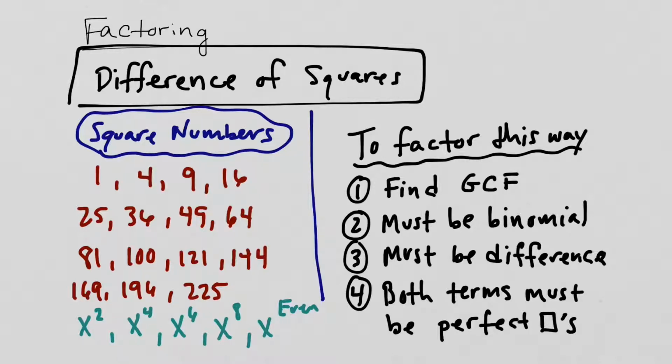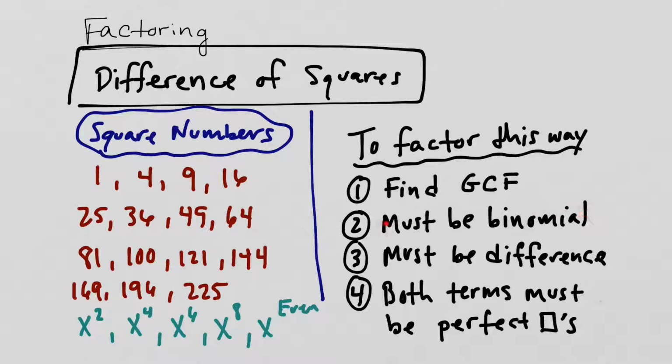So as we're factoring with the difference of squares, you go through a checklist. Number one, if you have a greatest common factor, meaning all the terms of the polynomial have a value you can divide out, always take that out first. All right? Sometimes you have to take out the greatest common factor before you get into a difference of squares.